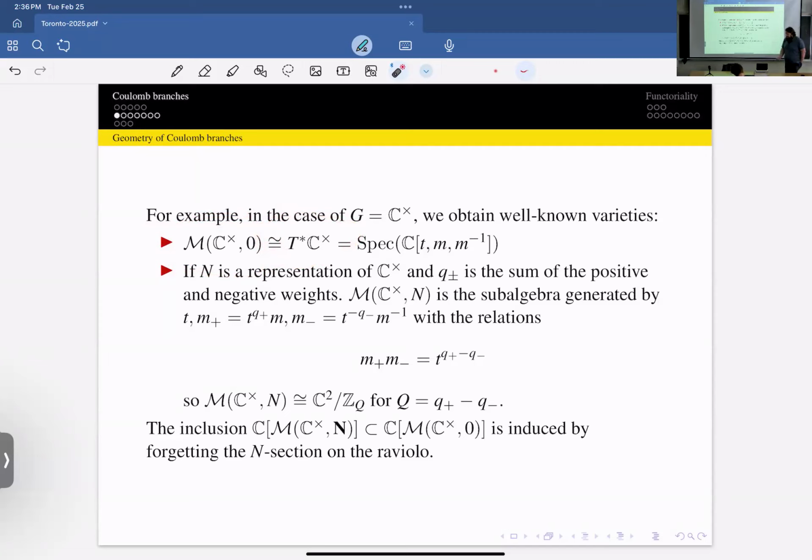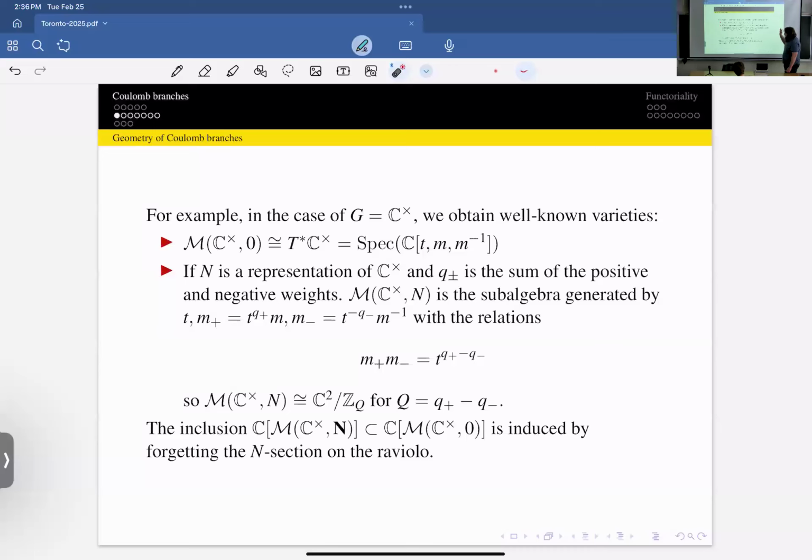And what's happening here is, well, I told you I wanted the symmetric algebra of the dual of the Lie algebra, so that's this variable T. And then I wanted the group algebra of the cocharacter lattice. So that's an m and m inverse. So I get a copy of usual polynomials, I get a copy of Laurent polynomials. That tells me I'm getting T star C star. And it's T star because I'm getting one coming from the dual of the Lie algebra and one coming from cocharacters. Okay, great.